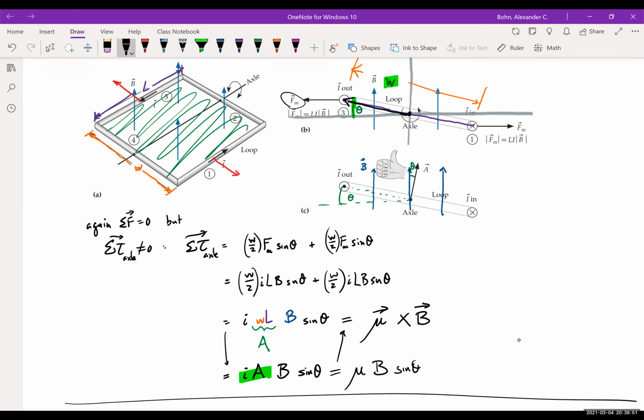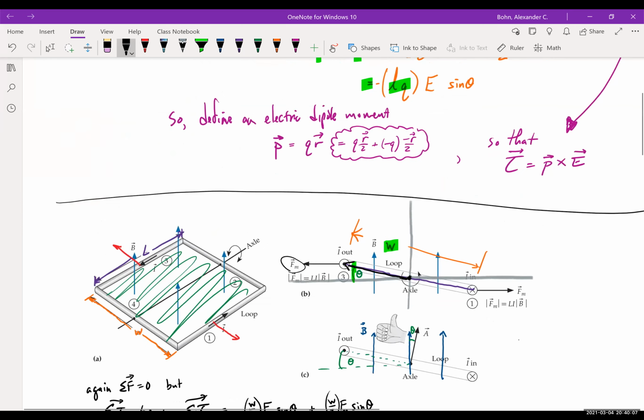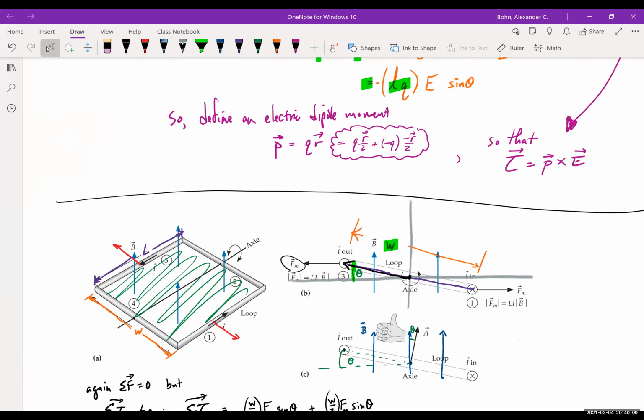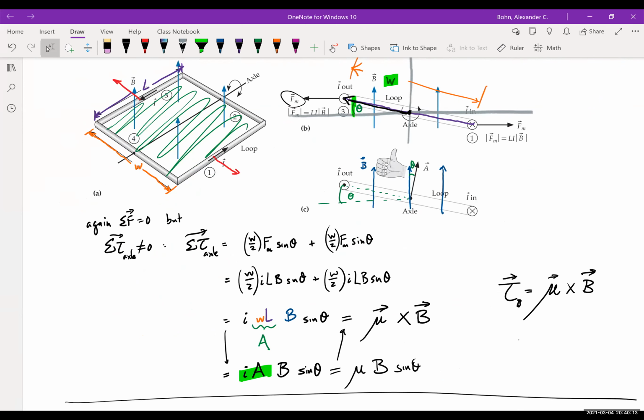So that we can talk about the fact that the torque on a magnetic dipole is a result of its magnetic dipole moment cross with the magnetic field, just like we had for an electric field. Dipole moment cross field both times.